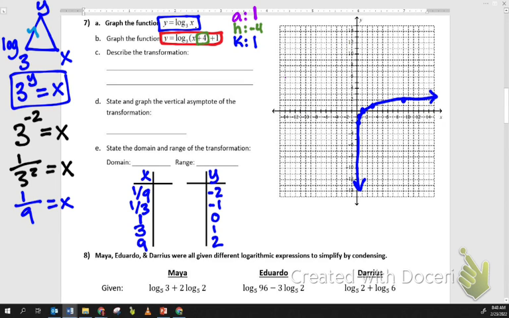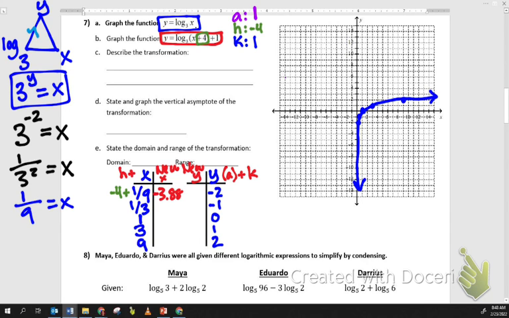So, to get my new x and my new y, add h to my x, multiply my y by a, and add k. So I would have -4 plus 1/9 would give me -3.88.